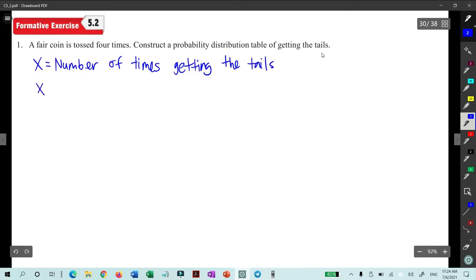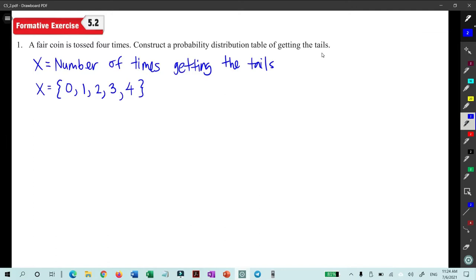So x can be written as 0, 1, 2, 3 and 4. Okay, and we're going to find the probability for each of these values of x. So let's build a table first.